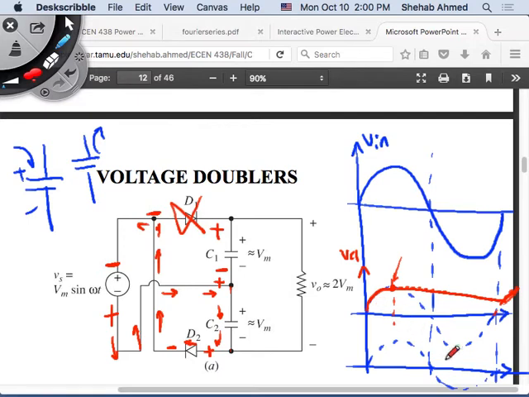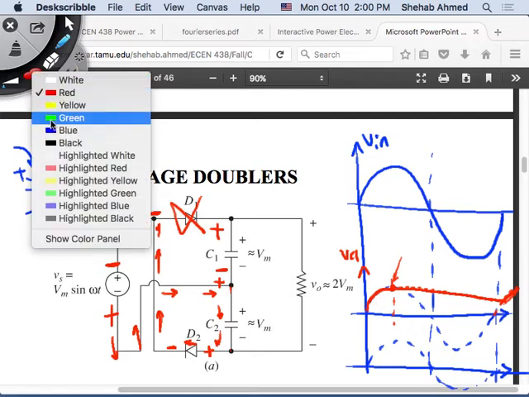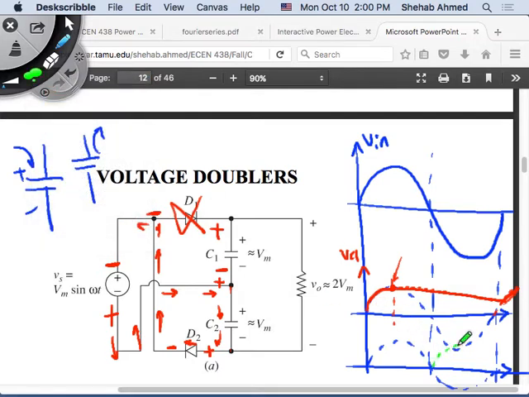Charging it to what? To the same value as my supply voltage. Initially this capacitor was discharged, was all zero. This is VC2. Initially it had a voltage of zero in the positive half cycle.